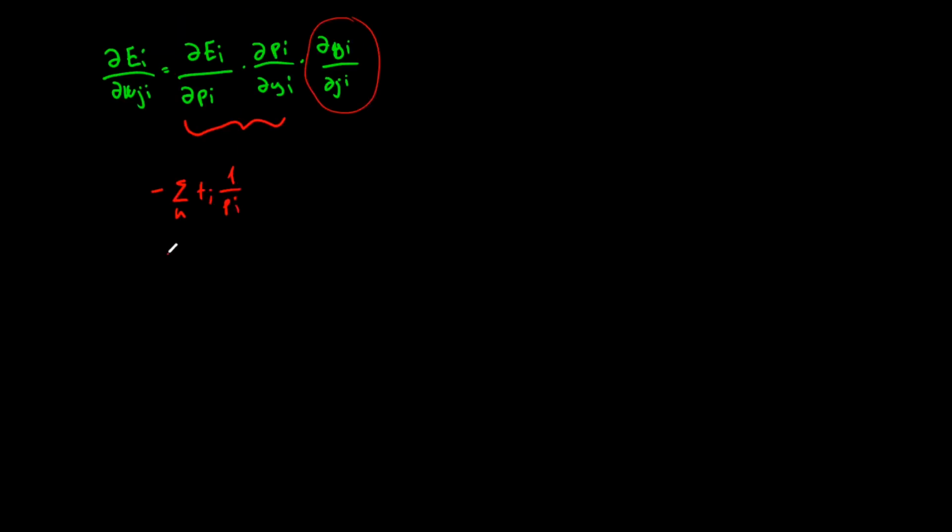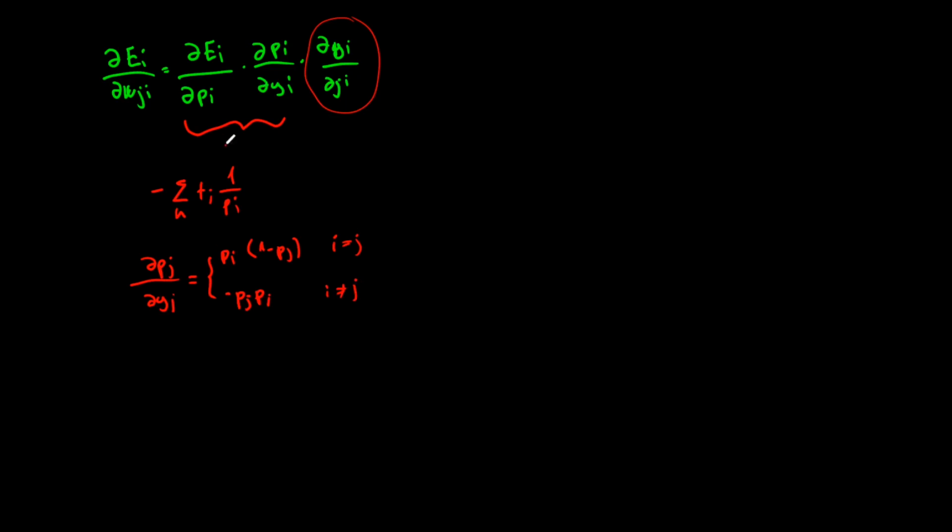And this derivative was p_j divided by y_j, equals p_i times (1 minus p_j) if i equals j, and it was minus p_j p_i if i is different from j.